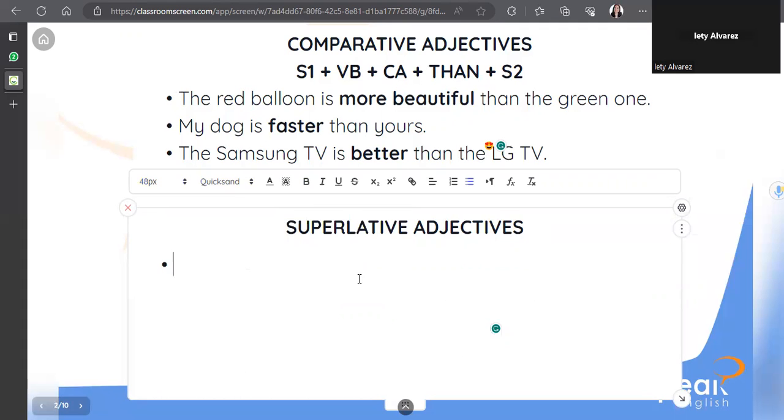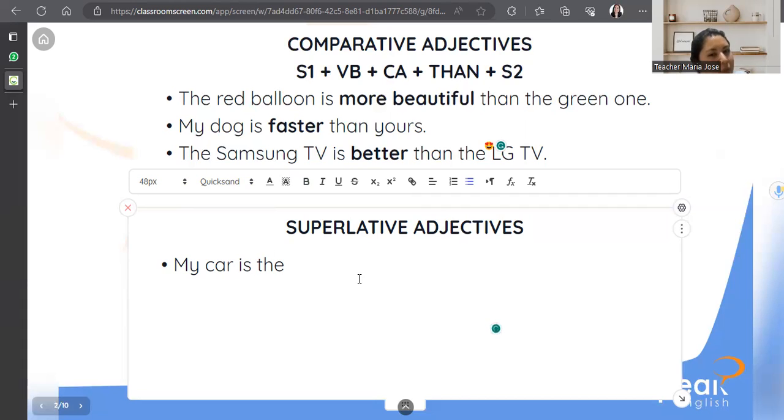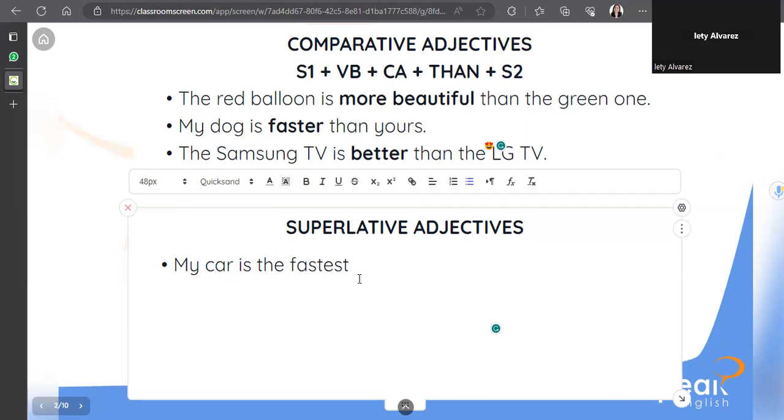My car is the fast. What is the superlative for fast? Fastest. My car is the fastest.